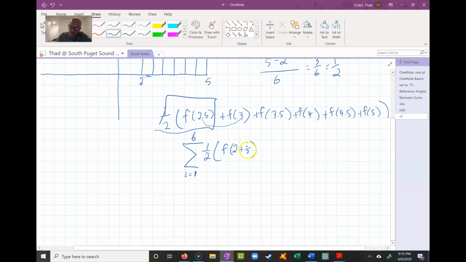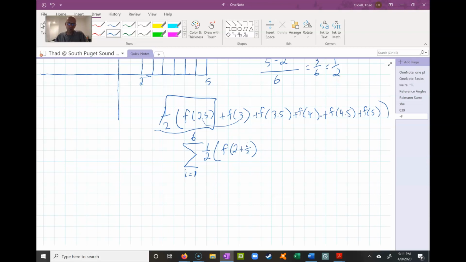So that way, let's see if it works. If I plug in a 1 in there, that'd be f of 2.5. If I plug a 2 in there, that'd be f of 2 plus 1, which would be 3. If I plug a 3 in for i I get f of 2 plus 1.5, which would be 3.5, and notice it works. So that's an example of a Riemann sum represented with sigma notation.